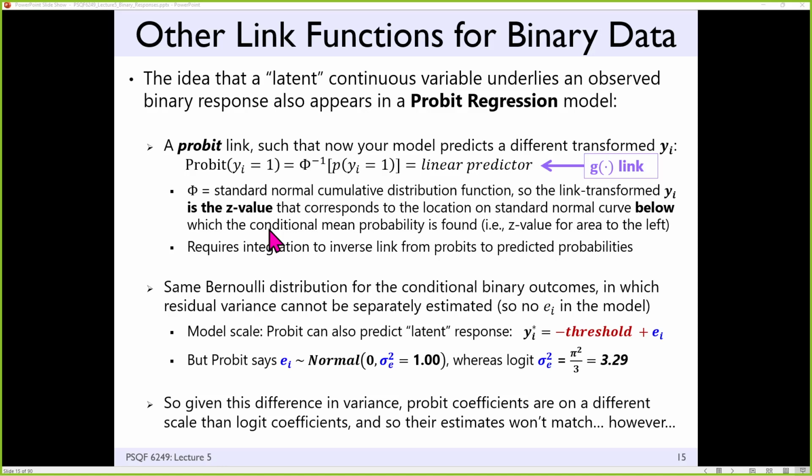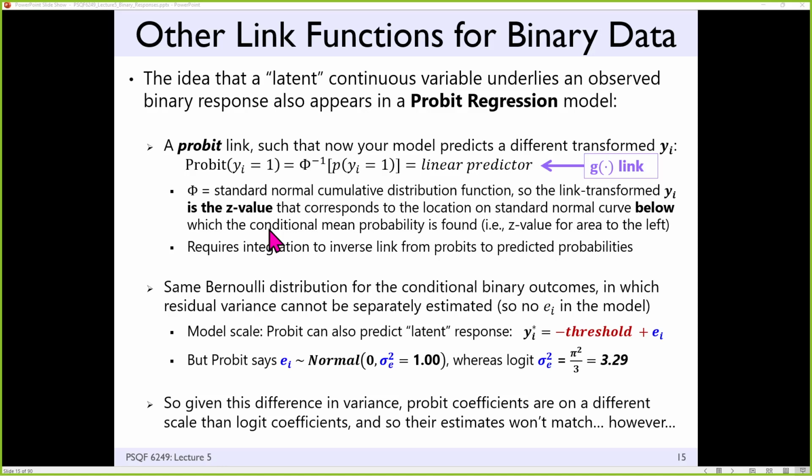The idea is that we're using a standard normal distribution and figuring out what the x value would be, like if you plotted it, what the z-score is that corresponds to that probability for the area to the left. So if you have a probability of 50-50, what does that correspond to as a z-score? 0, yeah.